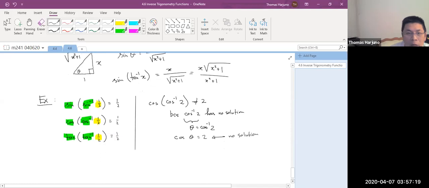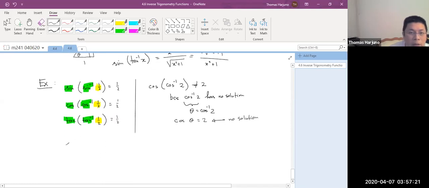if I summarize that, sine of sine inverse of x, or cosine of cosine inverse of x, that equals x. In other words, the sine cancels the sine inverse, cosine cancels cosine inverse, only when x is between -1 and 1.